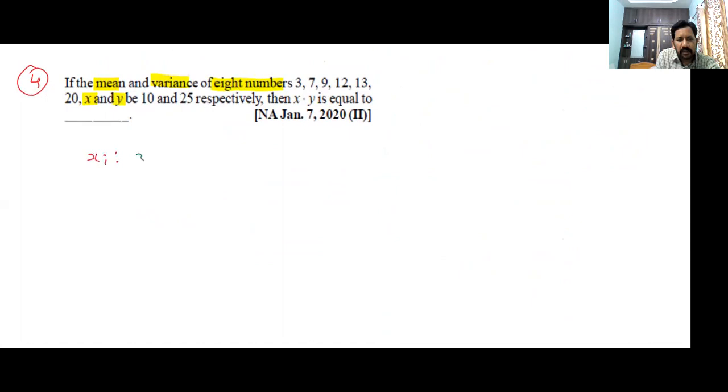Mean is 10, variance is 25. Then find what? x into y.